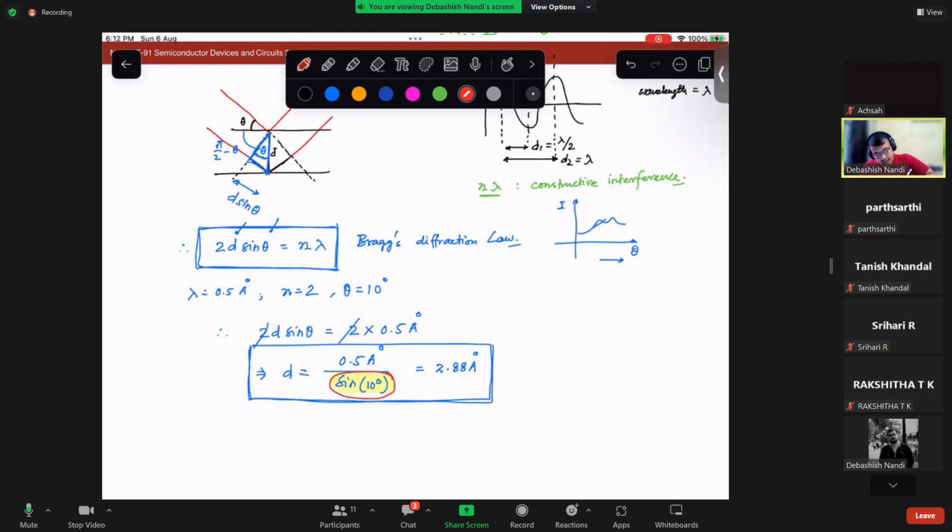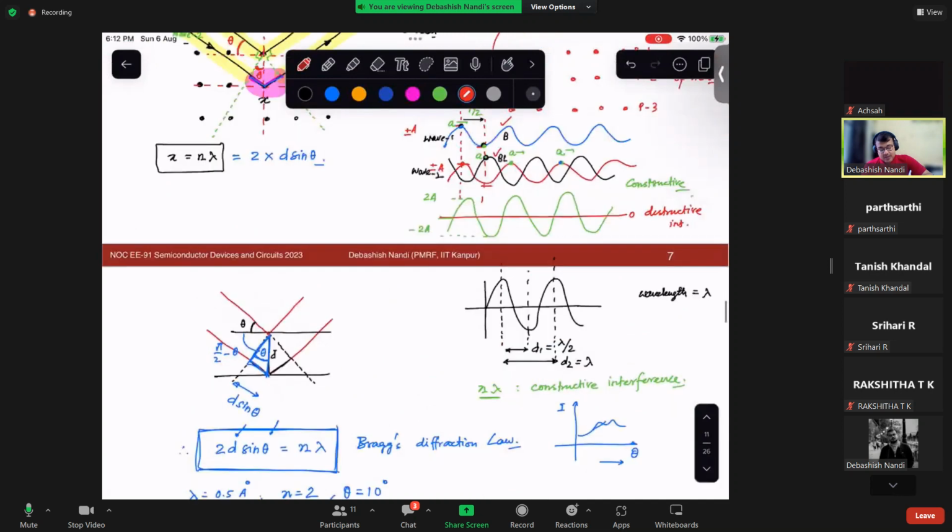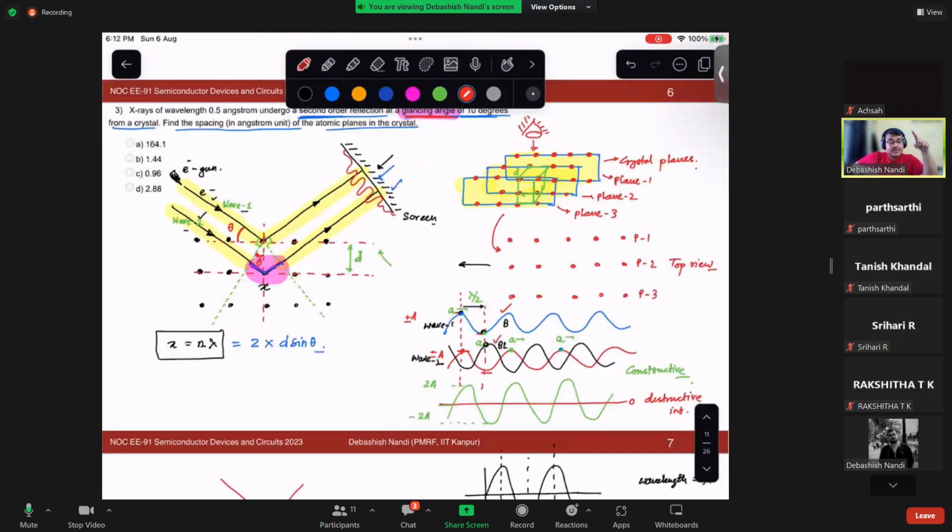That's why you see that this value is increased here. So this is also one thing that I discussed in the last class, that for your 50 kilo electron volt electron gun, my lambda should be small so that I can measure this range of distances. So this is connected to that problem.